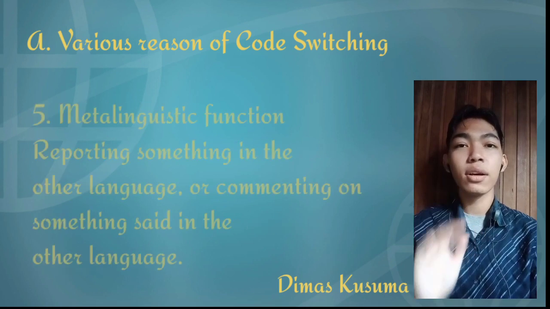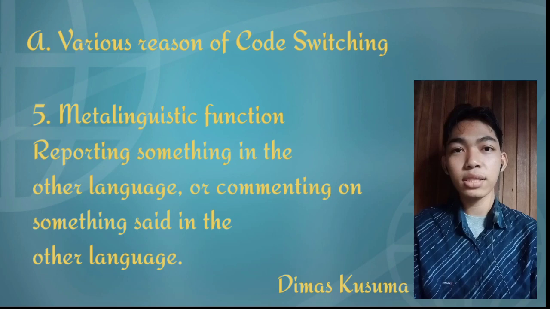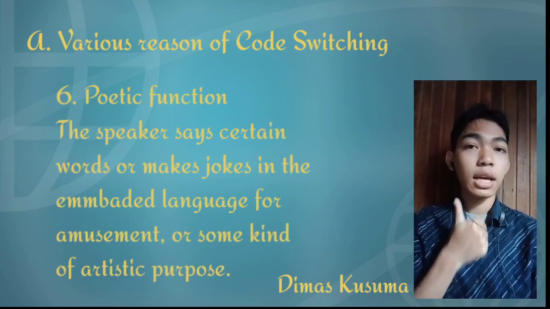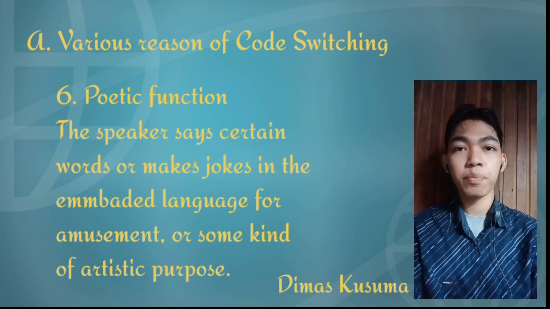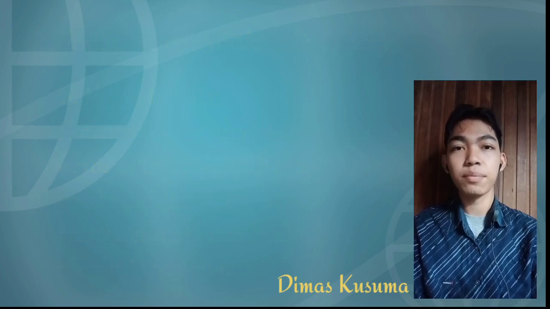Number 5. Metalinguistic function. It happens when someone is reporting something in the other language or commenting on something said in the other language. Number 6 is poetic function. The speaker says certain words or makes jokes in the embedded language for amusement or some kind of artistic purpose.